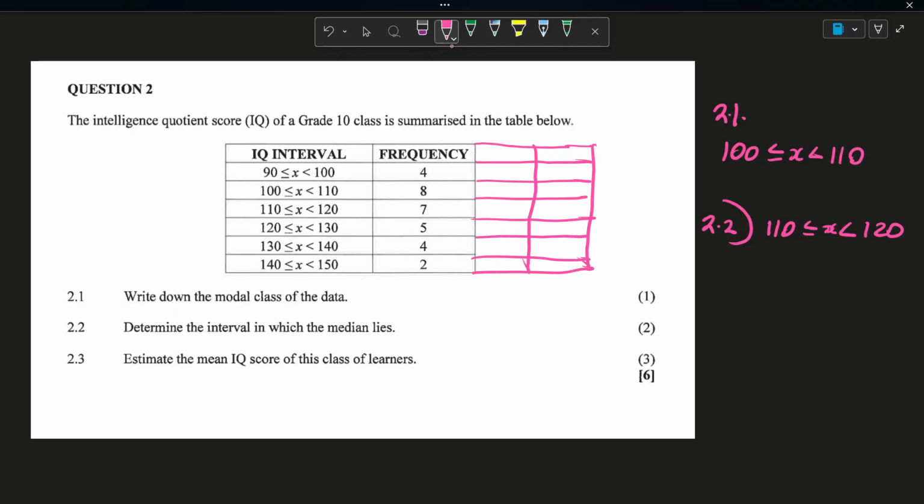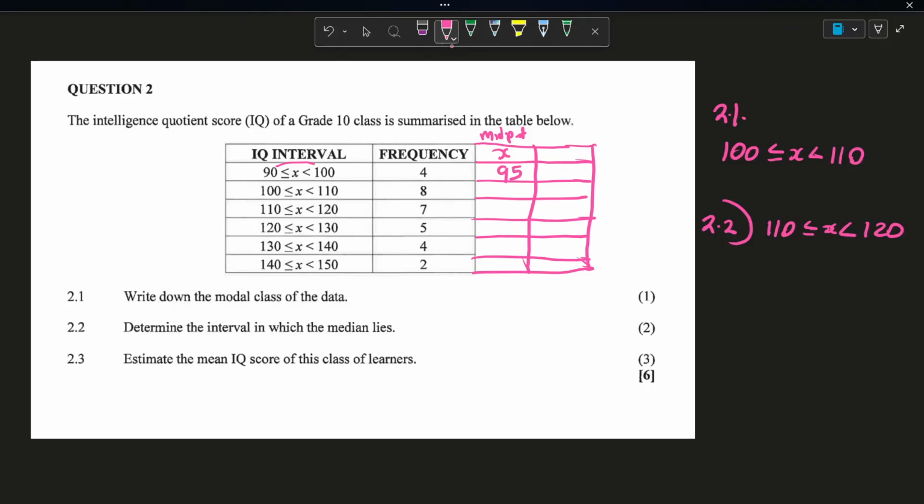Here you write x. It's a midpoint. How do you get the midpoint? You add these two on the IQ. You add 90 plus 100, divide by 2. You get 95. So this one will be 95.